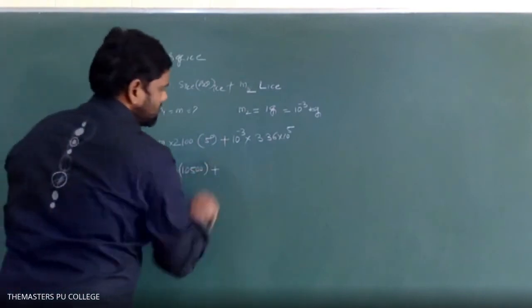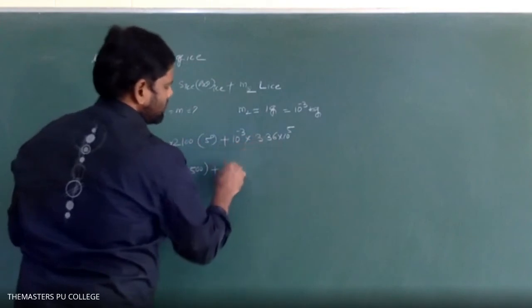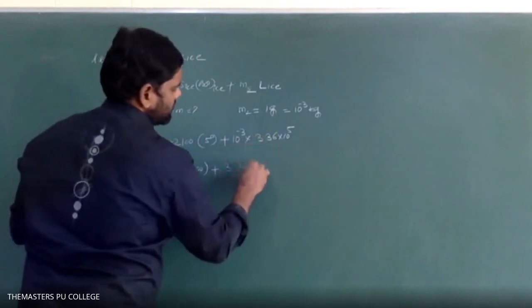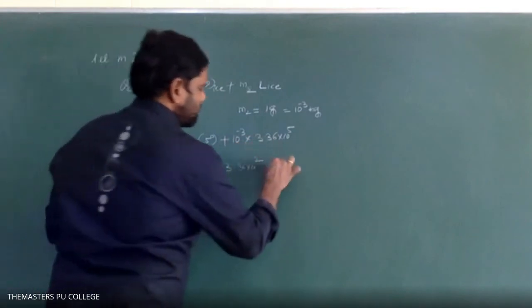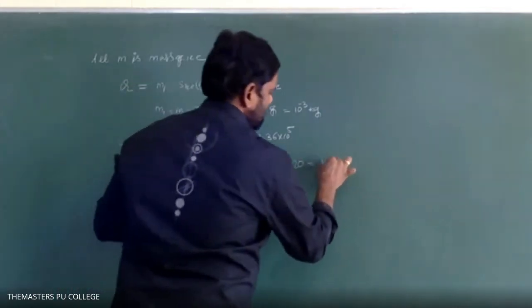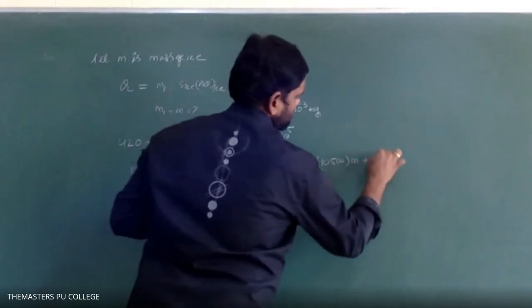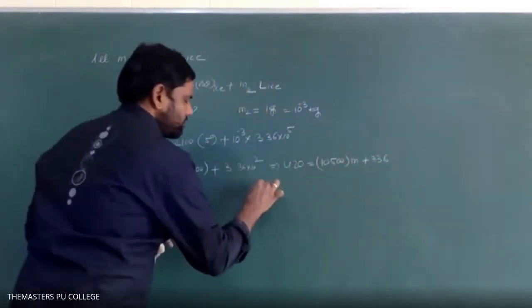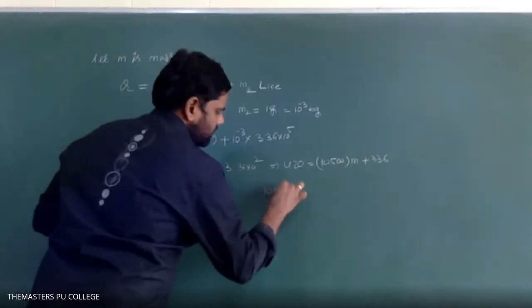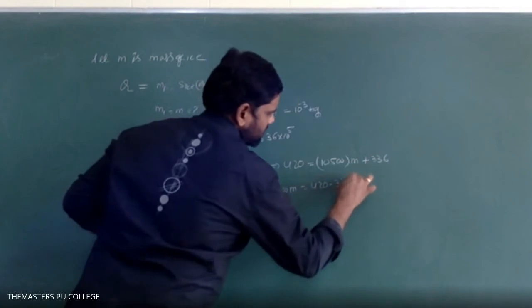So plus 3.36 into 10 square, which gives 336. So that implies 420 equals 10,500 m plus 336. Therefore 10,500 m equals 420 minus 336.